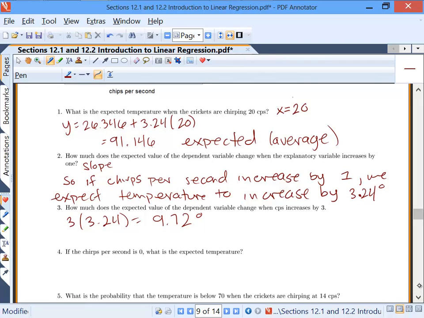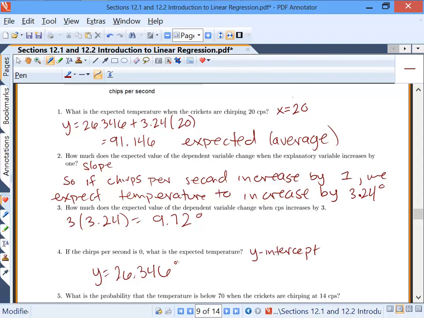If the trips per second is 0, what is the expected temperature? We can plug in 0, or you can realize that this is really asking for your y-intercept, which is y equals 26.346 degrees.